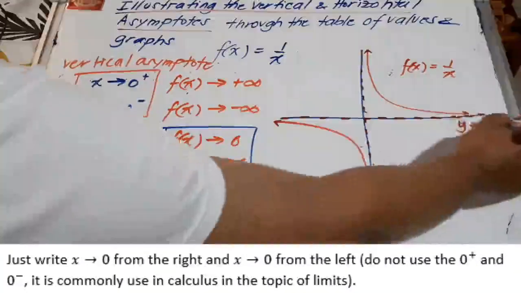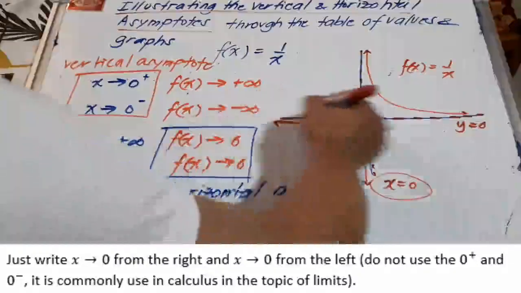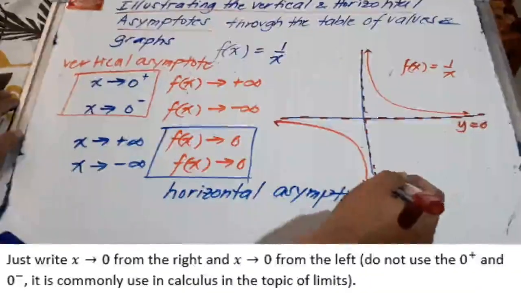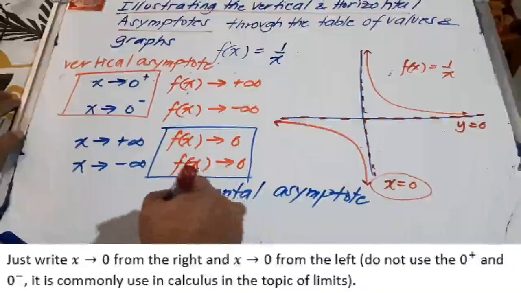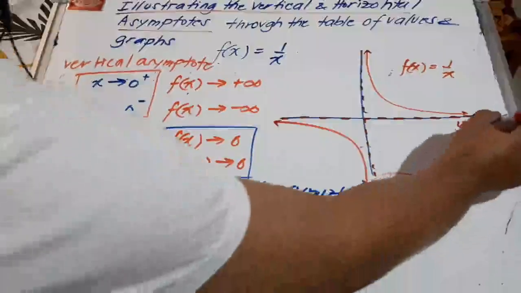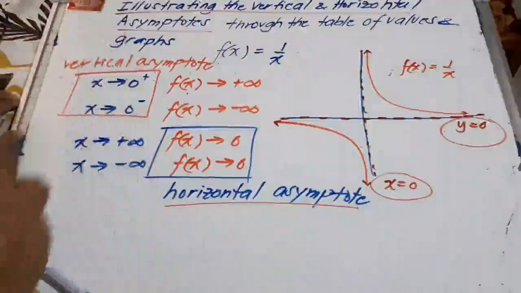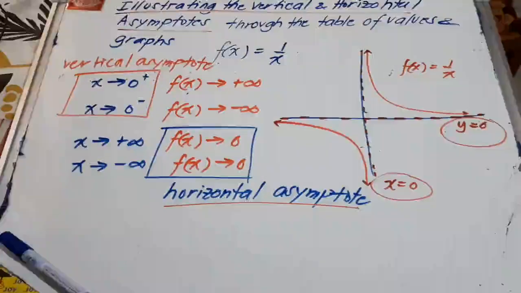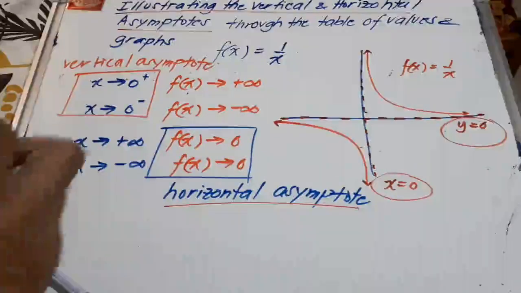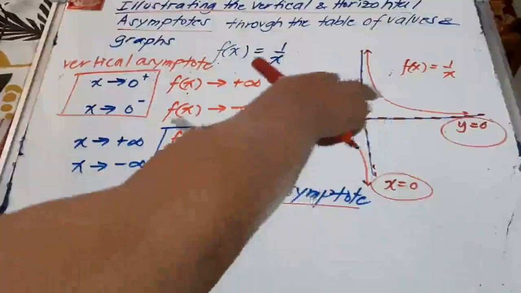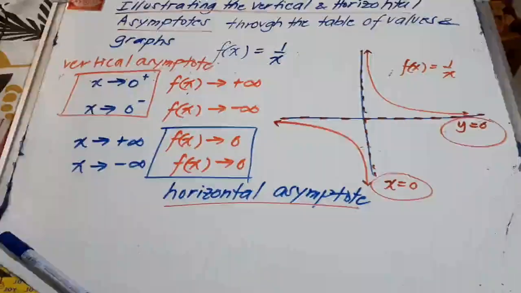So, ang ibig sabihin nun, yung y equals 0, which is the x-axis, is actually your horizontal asymptote. Okay? Ito yung horizontal asymptote. Okay, so that is the equivalent graph of the function f of x equals 1 over x.